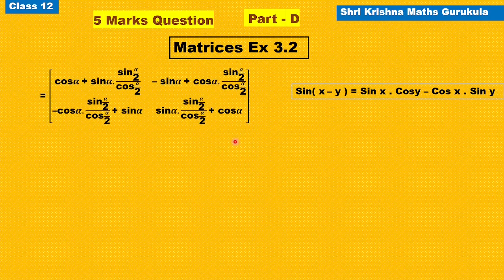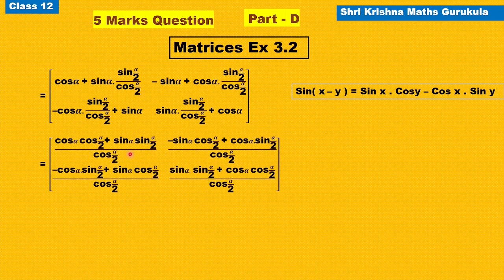So I have retained that term on this slide also. Now I'm taking LCM and writing it. So when we multiply, it is cos alpha into cos alpha by 2 plus sin alpha into sin alpha by 2. Look at the denominator. That is what I have written. In the denominator, it is cos alpha by 2. For all the four terms, the denominator or the LCM is cos alpha by 2. So I have written that here. Now for this term, it would be minus sin alpha into cos alpha by 2.